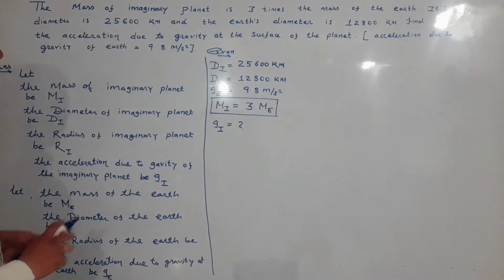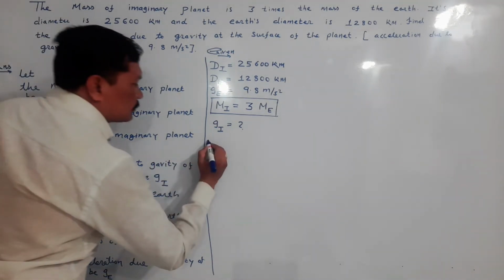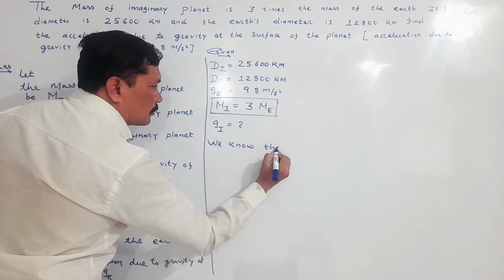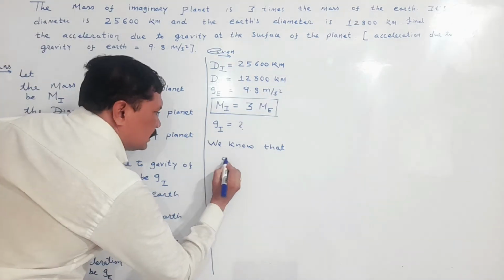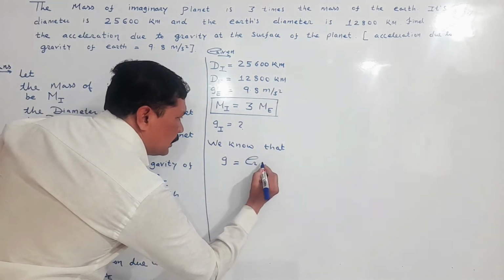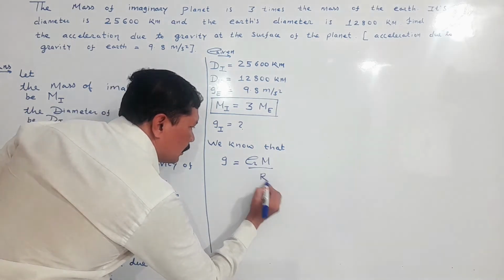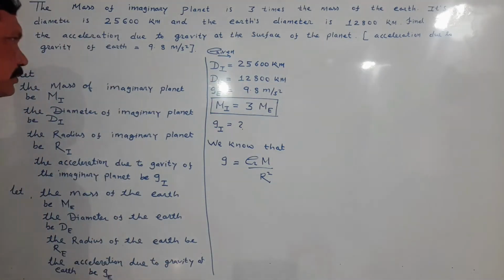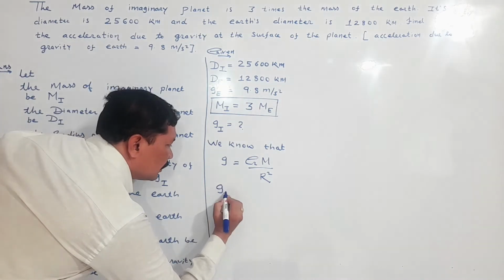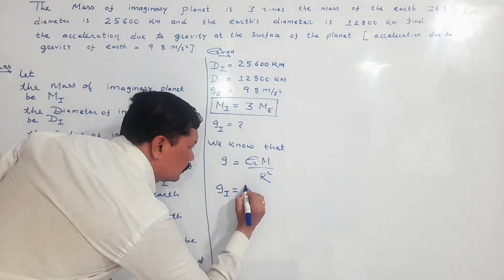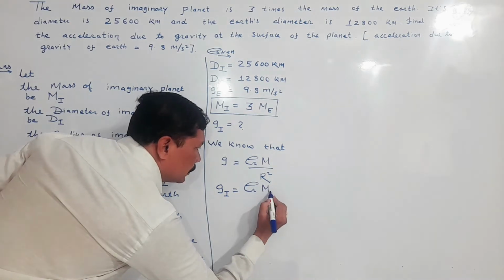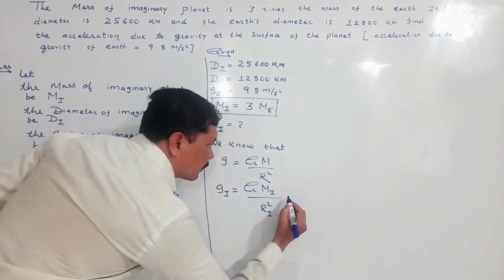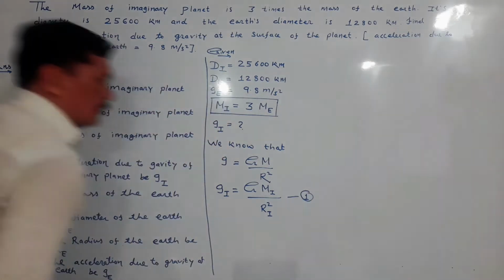Now my dear student, here we know that acceleration due to gravity is equal to capital G into m upon r square. Therefore, we can write Gi is equal to capital G into Mi upon Ri square, equation 1.